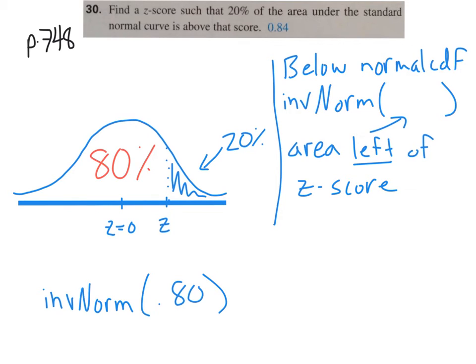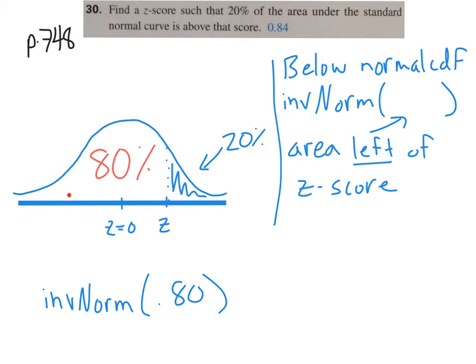Right? So again, just to refresh that, it's kind of specific. When you use the inverse norm function, you always plug in the area that's to the left of the z-score you're after. The way we drew this picture, z was right here, the area to the right of it was 20%, because that's what they told us, right? Area above, let's see, where does it say above again? Is above that score. There we go. 20% of the area is above that score. So here's our z, 20% above.